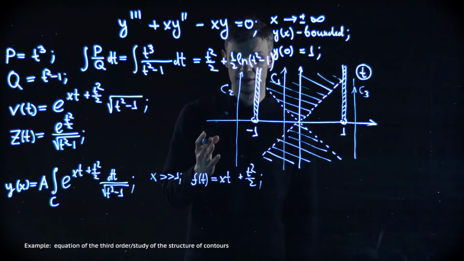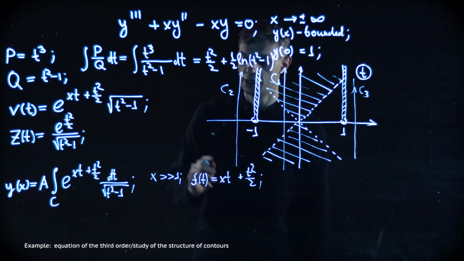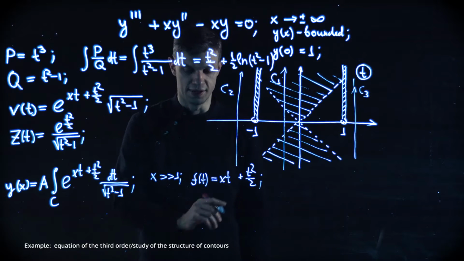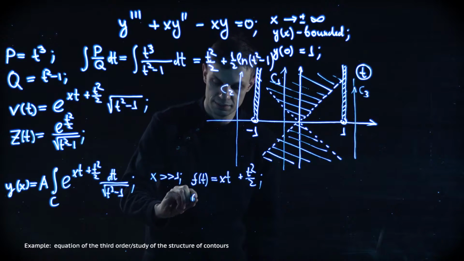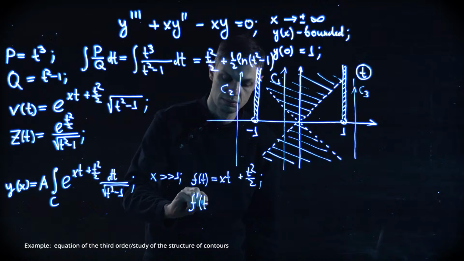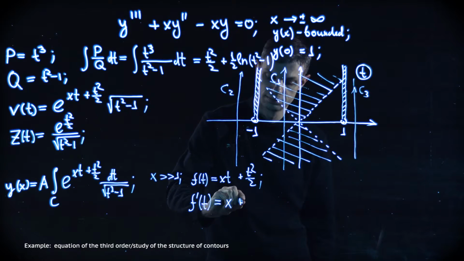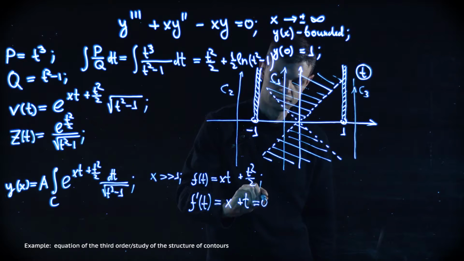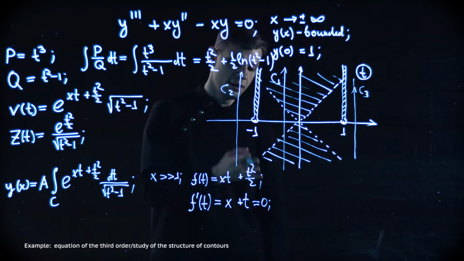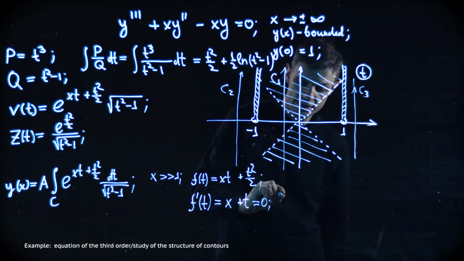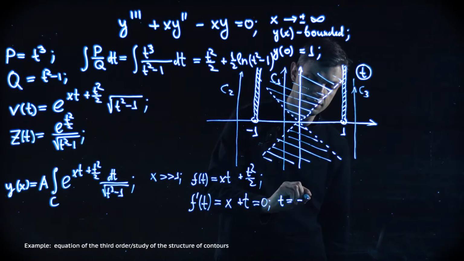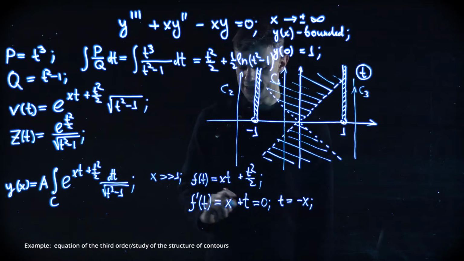So let's look for the possible saddle of this function. We differentiate it, and here we go. There is a saddle at t equal to minus x.